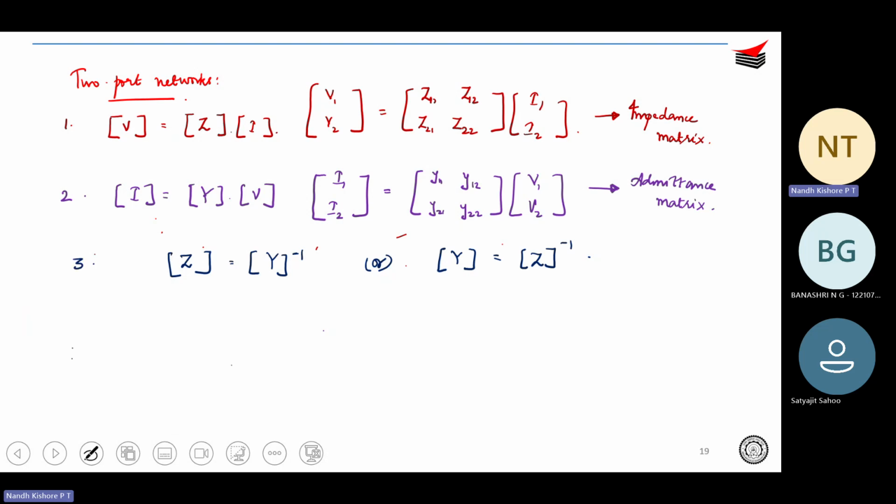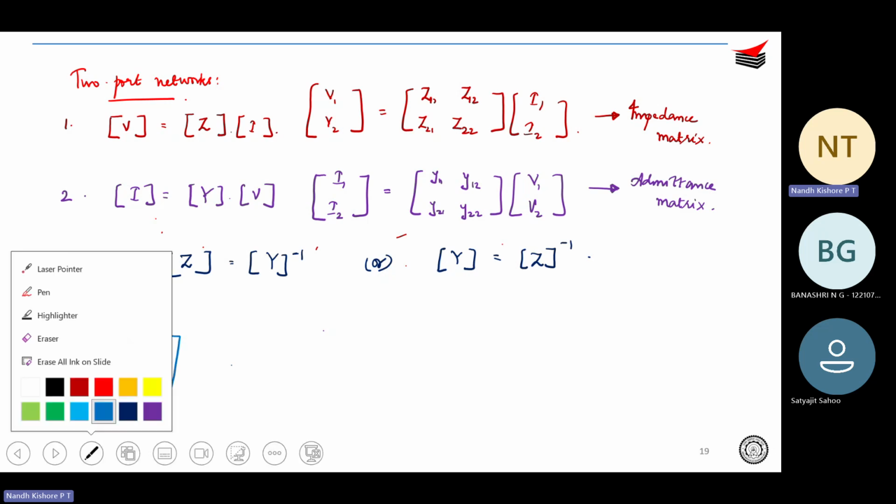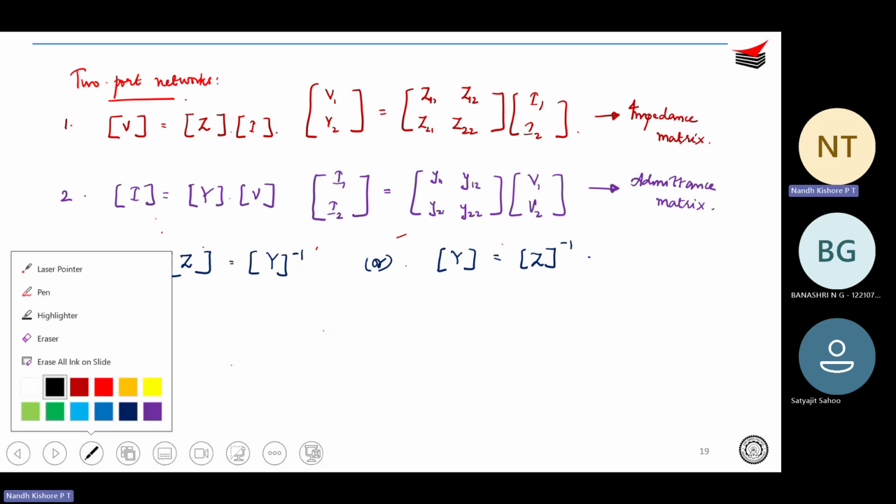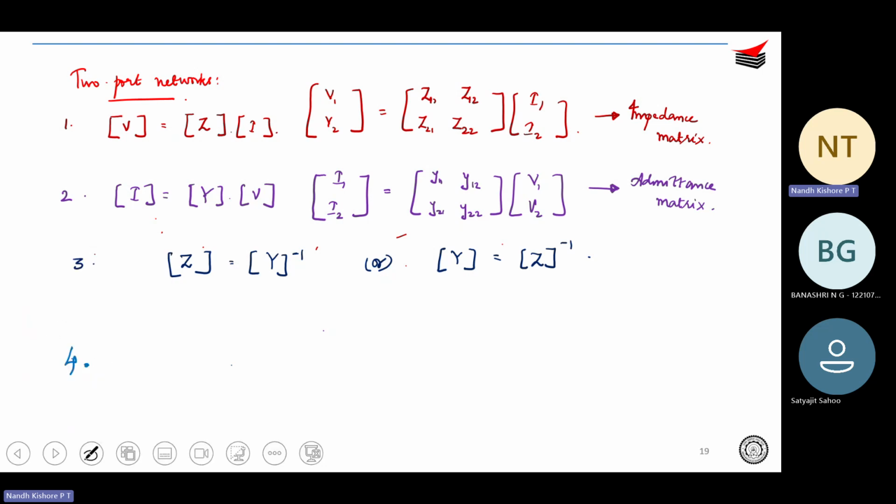As an extension, the next one is your transmission line matrix, wherein you have a two-port network. We will write it in a simpler form instead of V1, I1.